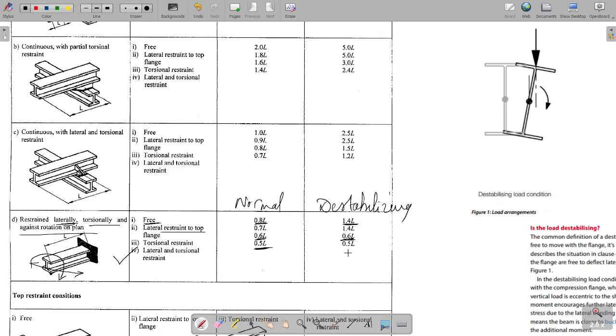It will be 0.5L, and under destabilizing loading condition also it is 0.5L, right?